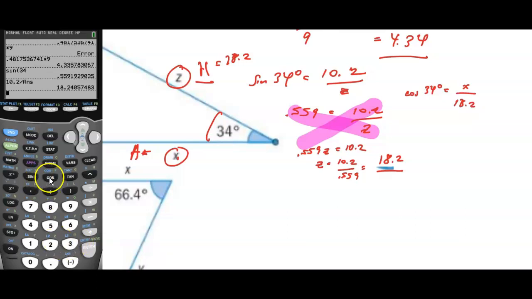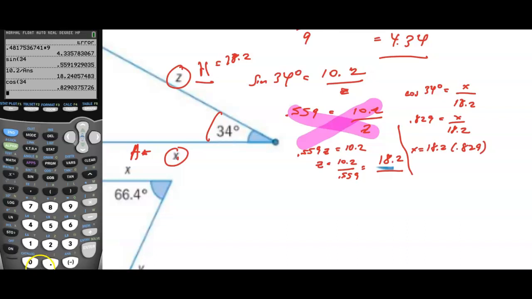Cosine 34 is 0.829. Now I can multiply both sides by 18.2. So x is equal to 18.2 times 0.829, which is 15.1.